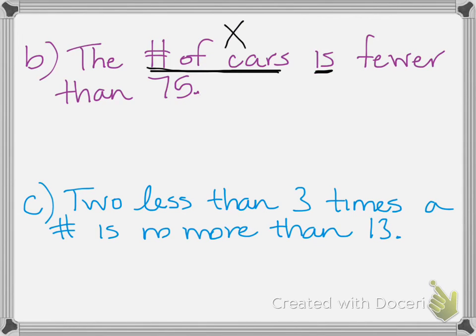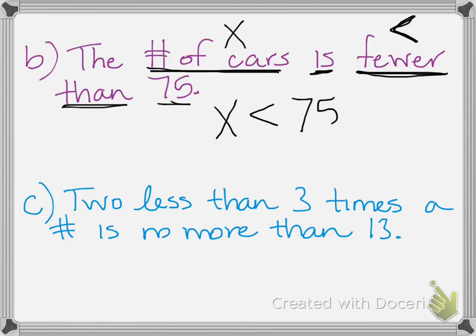Is would be like an equal sign, but you can't stop there because then it says fewer than. What is fewer than a key word for? Less than, and then you've got the number 75. So the number of cars at a dealership is fewer than 75. And that's it. That's all they're looking for.